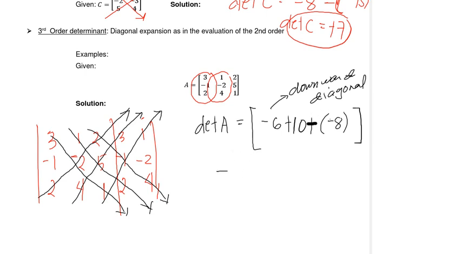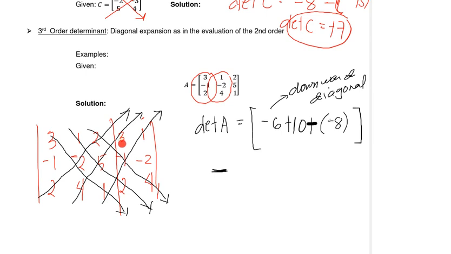And then, ima-minus natin yung sum ng product ng ating upward diagonal. So, yung upward diagonal natin, we have 2 times negative 2 times 2. So, that is equal to negative 8. And then, yung second upward diagonal natin, we have 4 times 5, that is 20 times 3, that is 60.